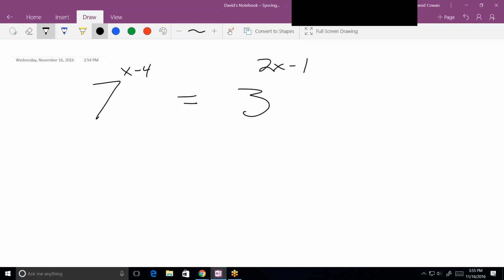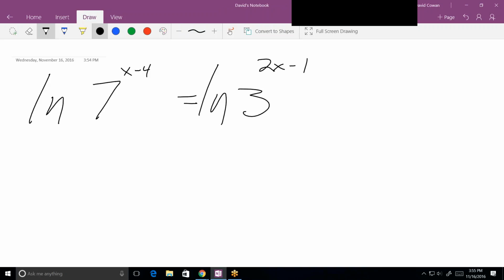And you can take multiple logs. I could take common log, I could take natural log, I could even take log base 7 or log base 3. I'm just going to tell you that the one you always are going to want to use is common. Excuse me, natural log. Okay. That's the language of calculus, is natural log, not common log.